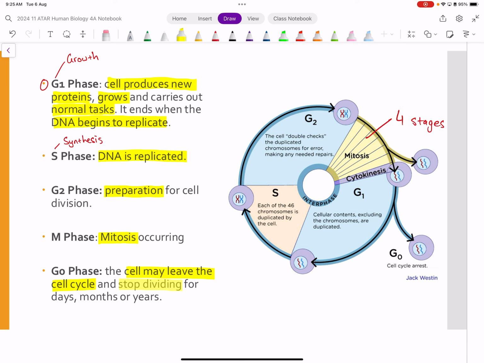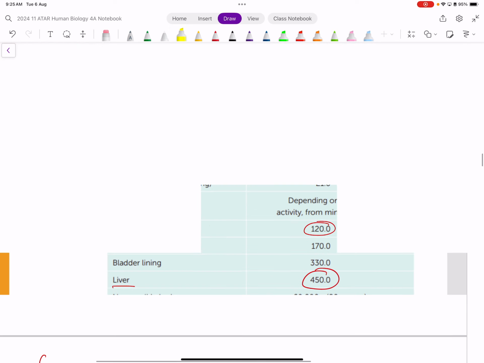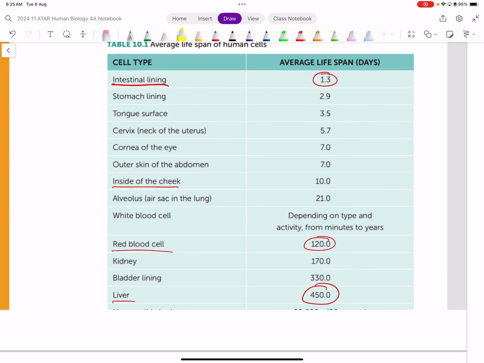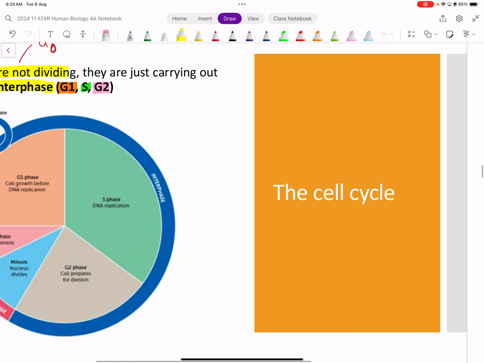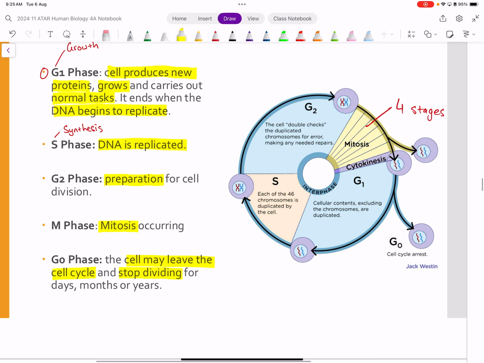If I scroll up quickly here, we can see that these cells, once they're specialized, can hang out, not divide, and do a job, say like if we look at our kidney here, for a very long period of time. This is G0. It is not dividing. Then, eventually, we're going to restart up and we'll go to G1, where we might produce some new proteins and things like that. That's also going to be a part of our cell cycle.